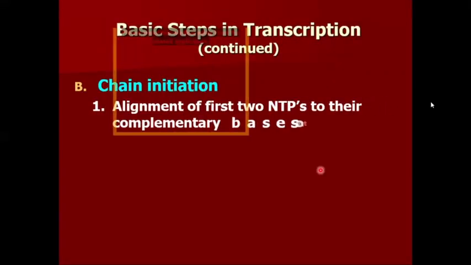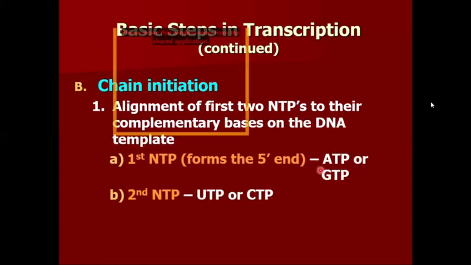Let's go to the next step, chain initiation. Now, this involves alignment of the first 2 nucleoside triphosphates to their complementary bases on the DNA template. For example, let's say you have thymine in the DNA template.